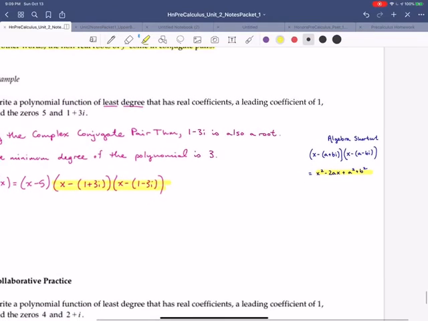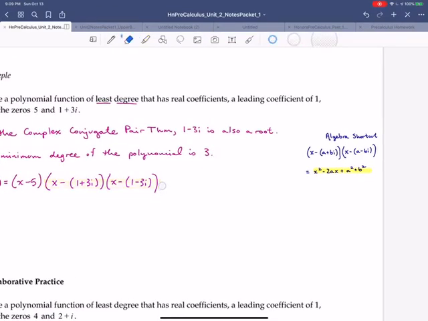So over here, if we look at x minus 1 plus 3i and x minus 1 minus 3i, a is 1, b is 3. So that means that this quadratic is going to be x squared minus 2x, because a is 1, plus 1 squared plus 3 squared, which is 10.